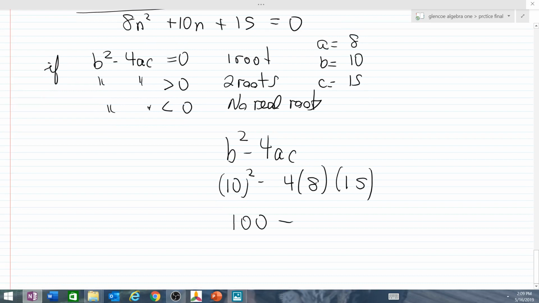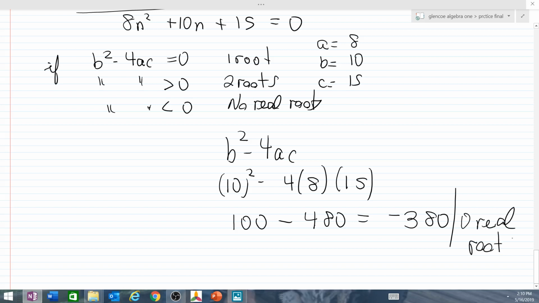And 4 times 15 is 60, and 60 times 8 is 480, which gives me a value of negative 380. Based on that value of the discriminant and my chart, how many real roots are there? 0 real roots. Does that help?